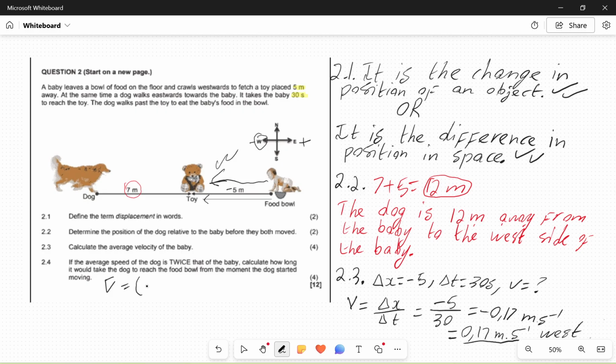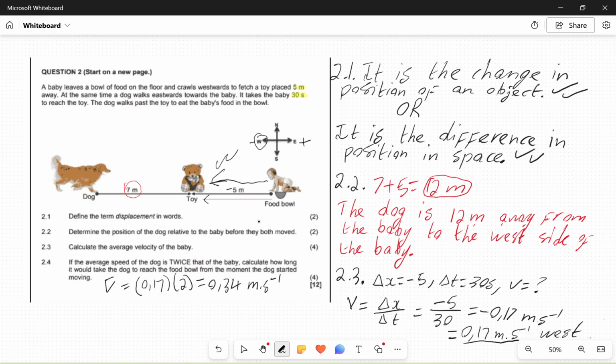So we'll say 0.17 multiplied by 2, because they are saying the average speed of the dog is twice that of the baby. And when we say 0.17 times 2, we should get 0.34 meters per second. Remember that average speed is not a vector, so we don't have to put direction here.